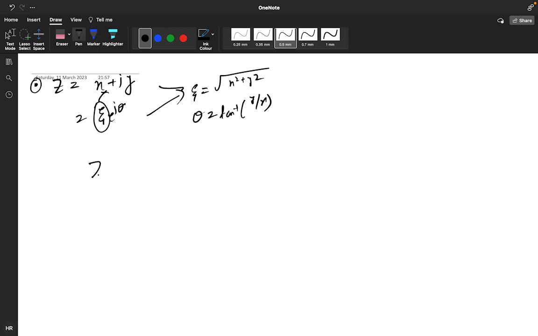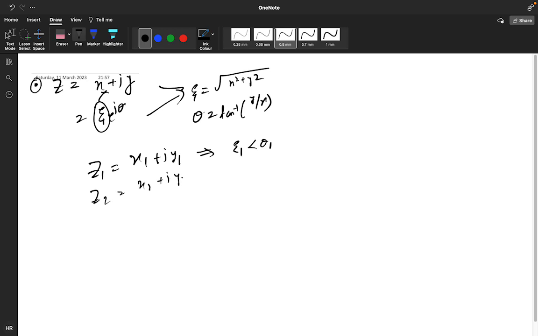If you have Z1 equal to x1 plus jy1, you can write it like this: zeta 1 at an angle theta 1, and if you have Z2 equal to x2 plus jy2, you can write zeta 2 and angle theta 2.